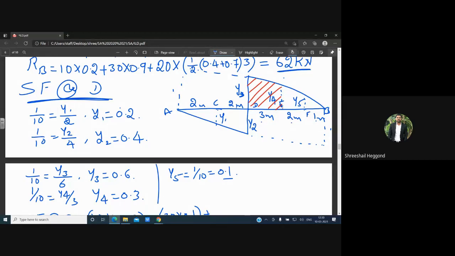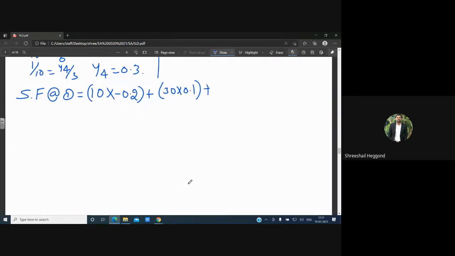It can be calculated as half the sum of parallel sides, y3 and y4. y3 is 0.6 and y4 is 0.3, the perpendicular distance is 3 meters, multiplied by the applied UDL of 20 kN.